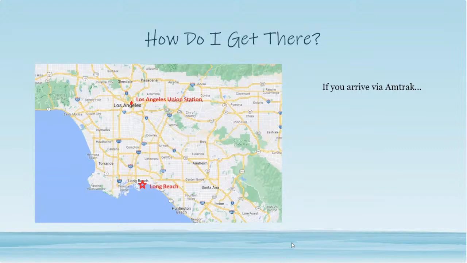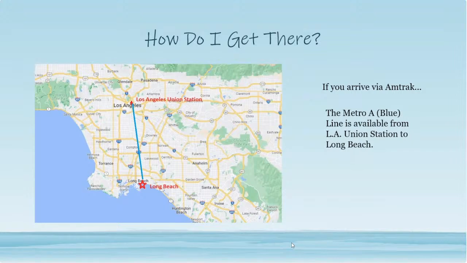Another way to get here is via Amtrak. You'll see Los Angeles Union Station on the map there, and there's where Long Beach is, the bottom. And you can take the Metro Blue Line, now the A line, from LA Union Station to Long Beach. The Blue Line takes a little over an hour to get to Long Beach from Los Angeles Union Station, and the station for the Blue Line in Long Beach is about a block away from the hotel.